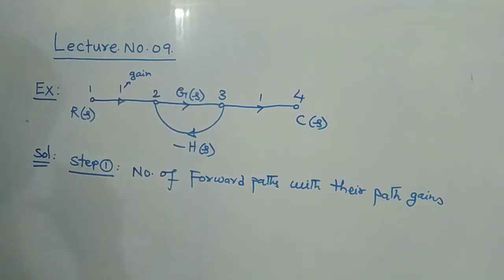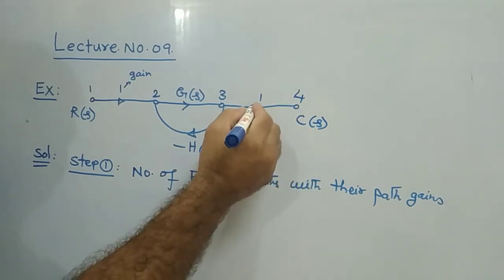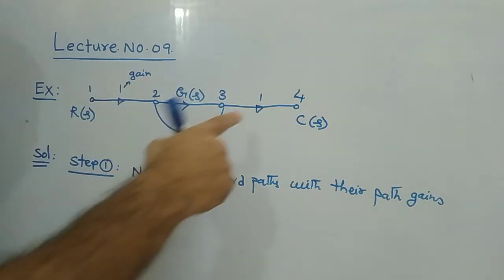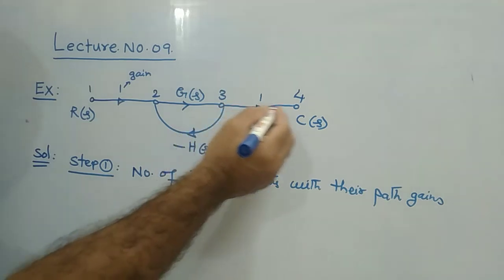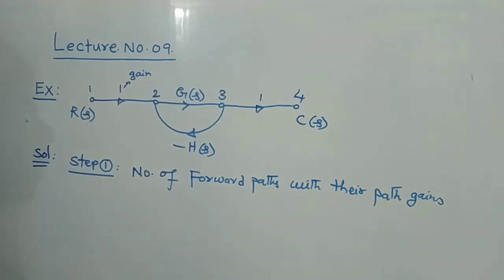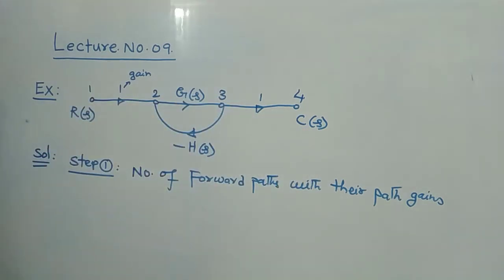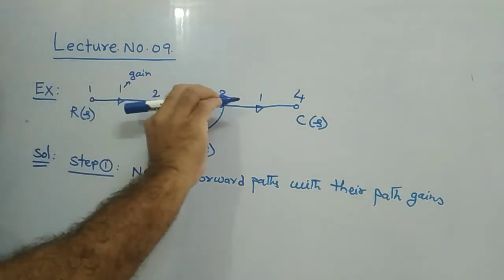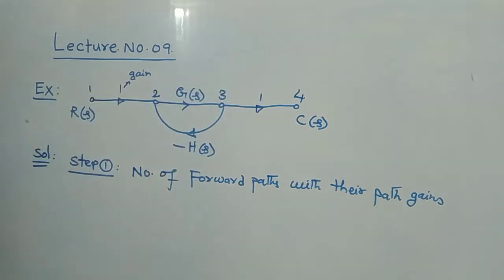Then again from node 3 to node 4, the signal is directed forward, reaching your C of s, node 4. Here between 3 and 4 it is identified with gain 1. Therefore, from R of s to C of s, there is one straight path available, directed in the forward direction.